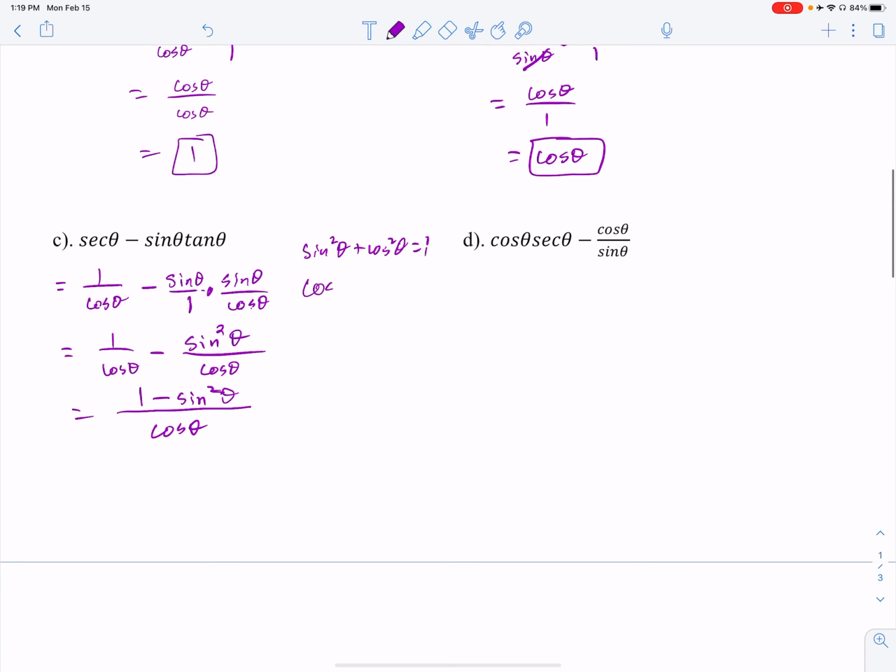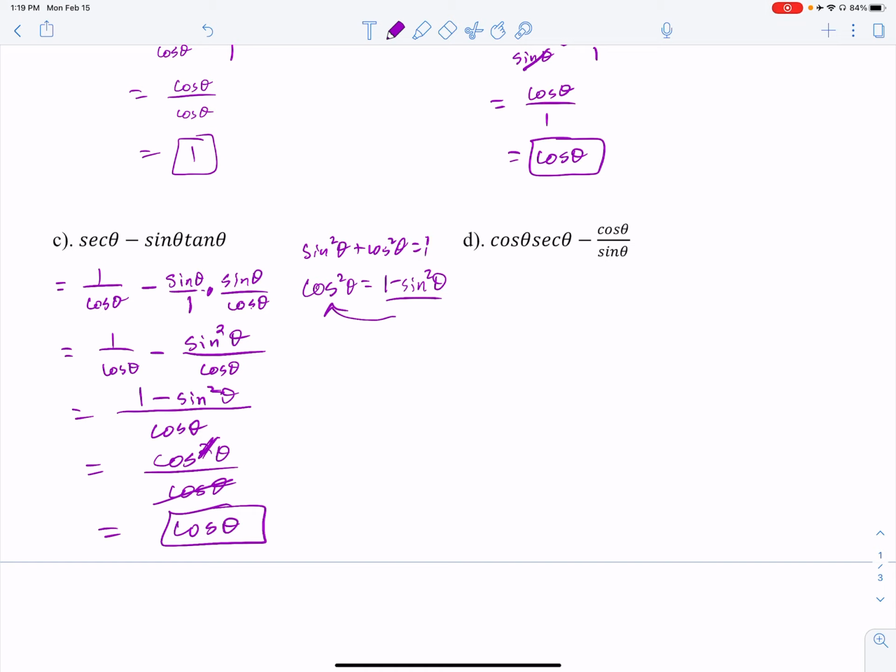If I solve that Pythagorean identity for cosine squared theta, cosine squared theta is 1 minus sine squared theta. So I can replace 1 minus sine squared theta with cosine squared theta. And then this cosine in the denominator takes out one of those in the numerator, and you are left with just cosine theta.